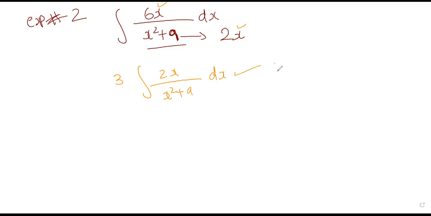My form is f dash x by f of x. I can directly say that my integral is this. Do you understand? Yes. And why can I not use the tan inverse thing over here? Because of this x, right?